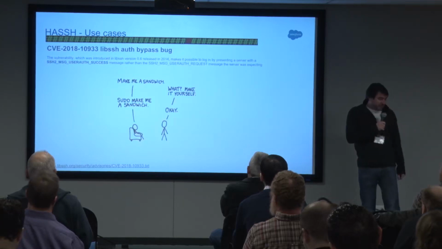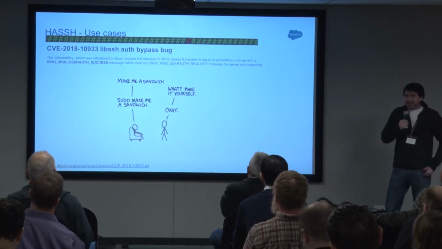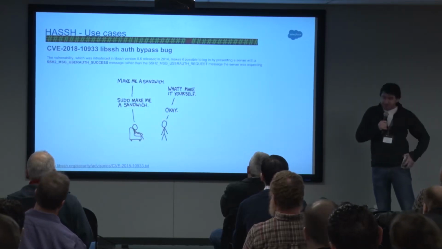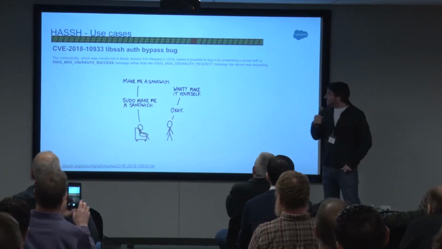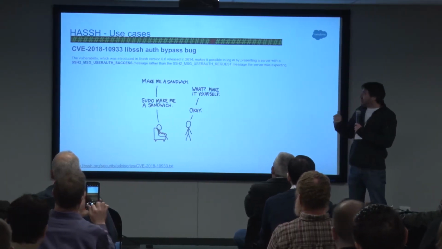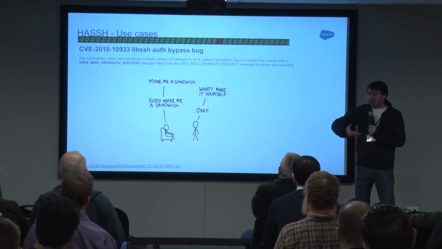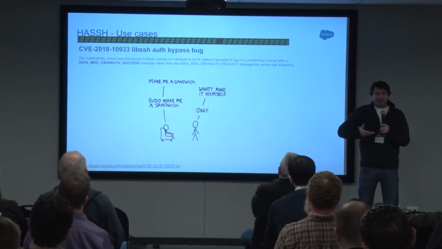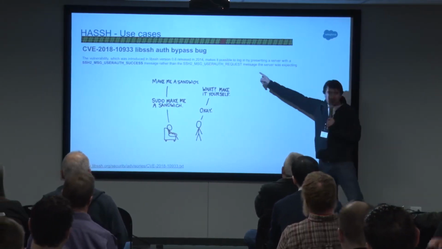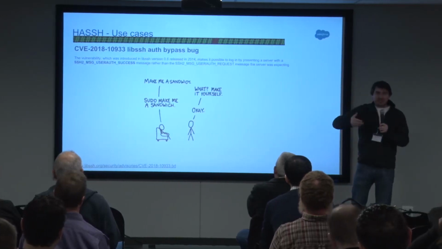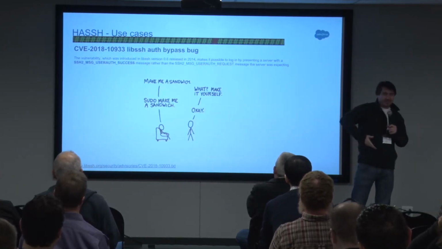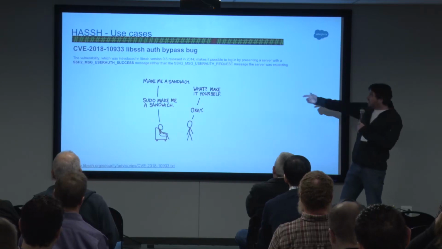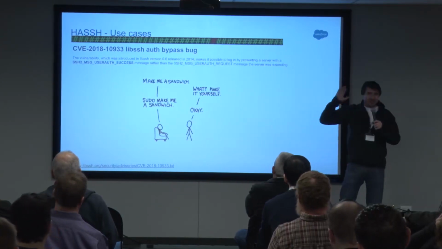So the libSSH auth bypass bug, if you guys remember, that was terrible. It was basically, in the SSH communication, when you send your username and password, that's an auth request. And then if it was successful, the server's like, yeah, you're good to go. And then the client will send a user auth success. Okay, give me a shell, right?